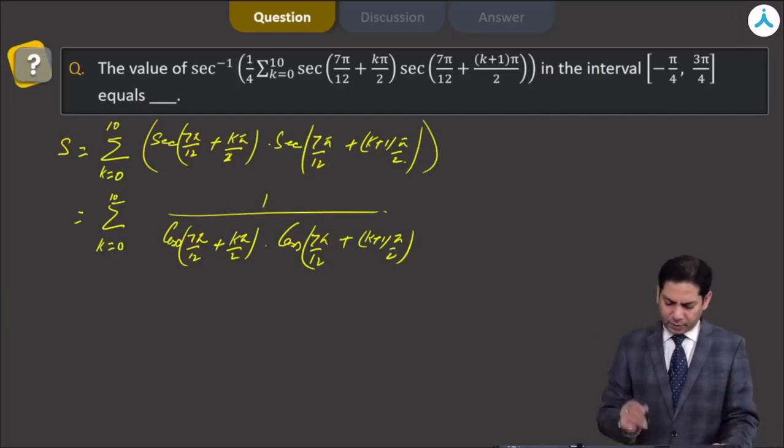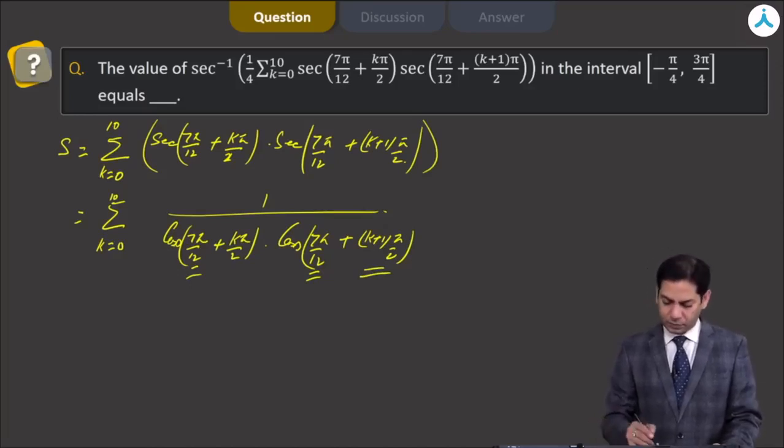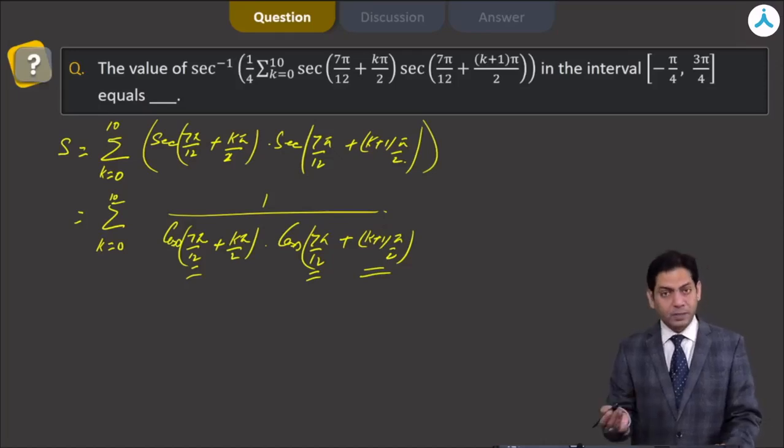Now if you note, the 7 pi by 12 is in both these terms, and k pi by 2 and k pi by 2 plus pi by 2, if we take the difference, we get pi by 2. So sin pi by 2 is equal to 1.